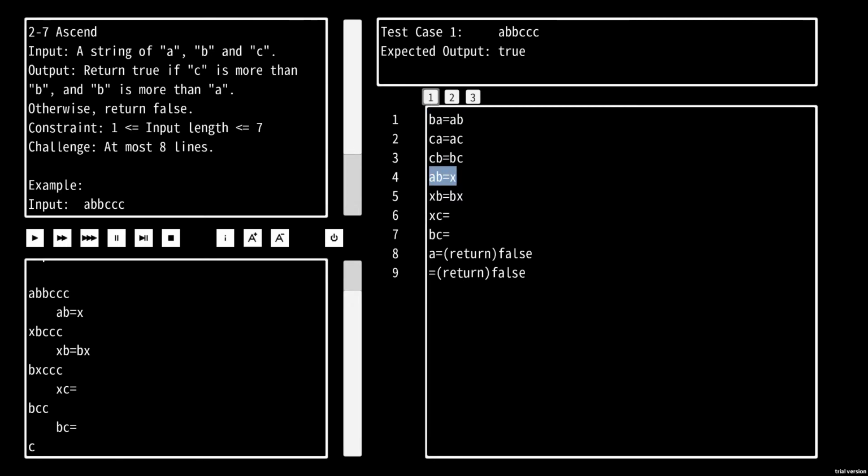AB equals X. And that goes to delete C's. I mean, maybe... No, this just feels right to me.